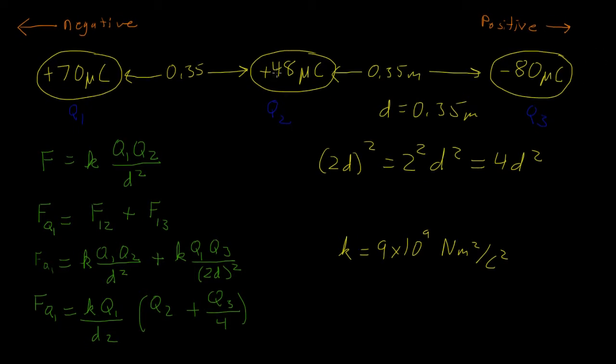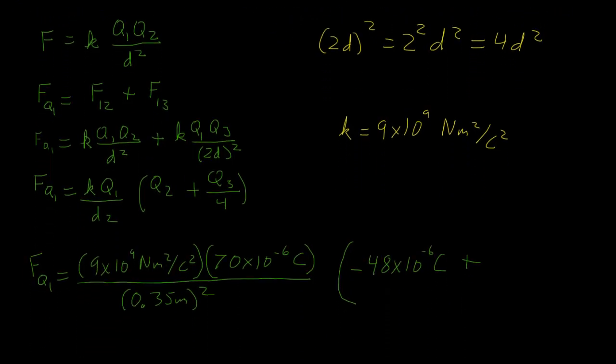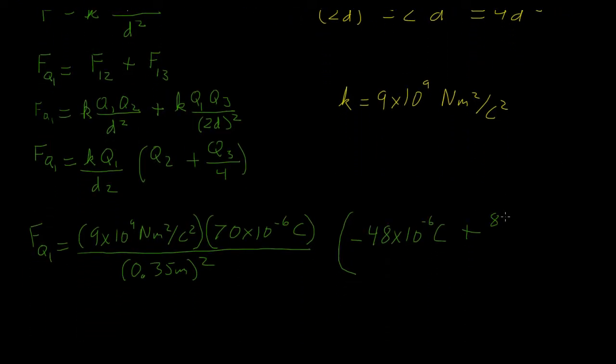So I'm not plugging in the numbers based on what their charge is, whether they're positive or negative. I'm plugging them in based on what direction Q1 is going to want to go. So that's how I'm determining whether it's positive or negative. So we're going to use positive 80 times 10 to the negative 6 coulombs. And this is going to be divided by 4.